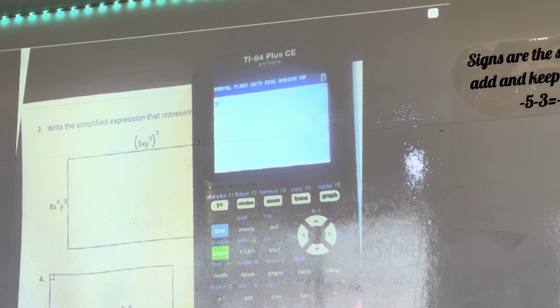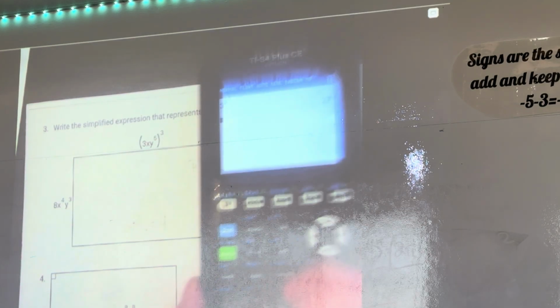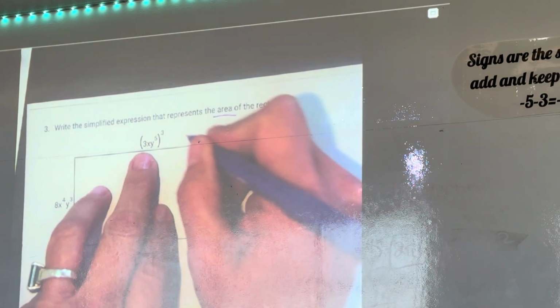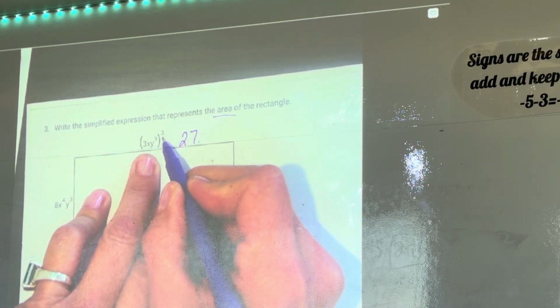So you raise it to any power. So 3 to the third is, anybody? Brooklyn? 27. Okay. So 27.